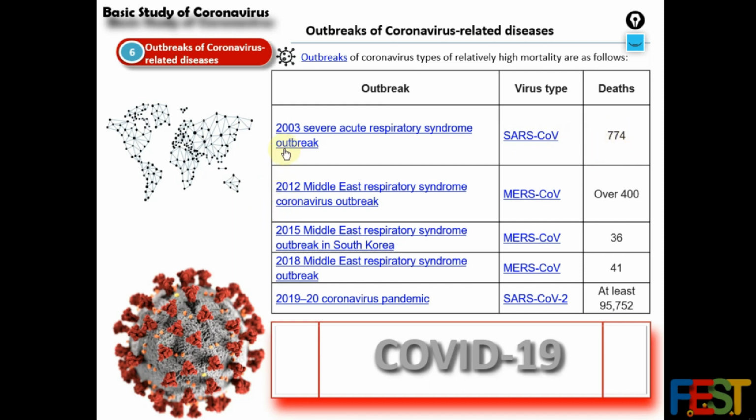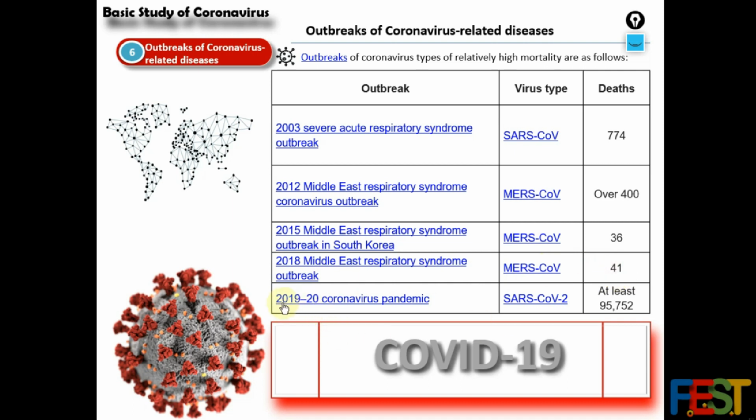In 2012, the Middle East respiratory syndrome coronavirus outbreak, MERS, killed over 400 people. In 2015, the Middle East respiratory syndrome outbreak in South Korea caused 37 deaths. In 2018, a MERS outbreak killed 41 people.